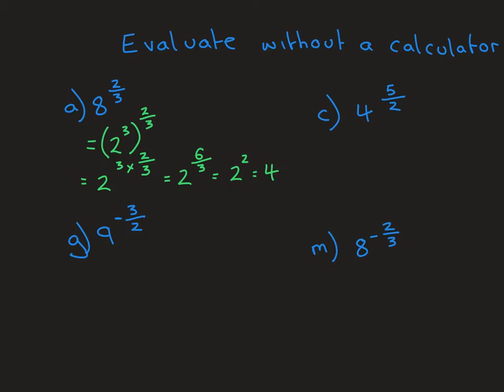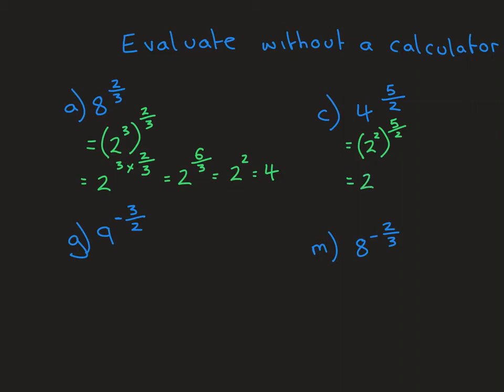Okay, so let's look at the next one. So 4. When we think about 4, how can we write 4 in index notation? We can write 4 as 2 to the power of 2, because 4 is equal to 2 squared. Okay, we've still got our 5 over 2 outside the brackets, and now we can expand our brackets.